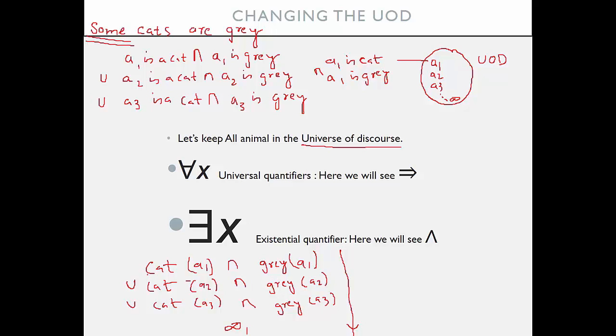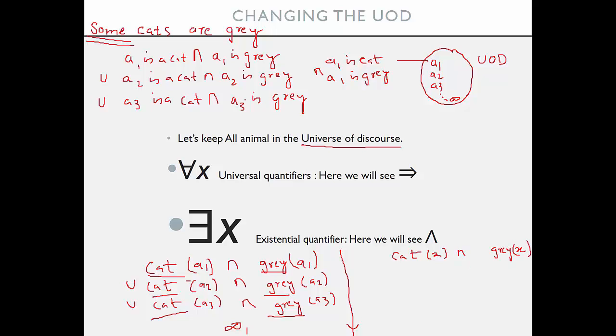For example, here in all these cases, cat and gray is constant. The only thing that is varying is A1, A2, and A3. Now we'll represent it with a variable which is like this. X is a cat and X is gray.